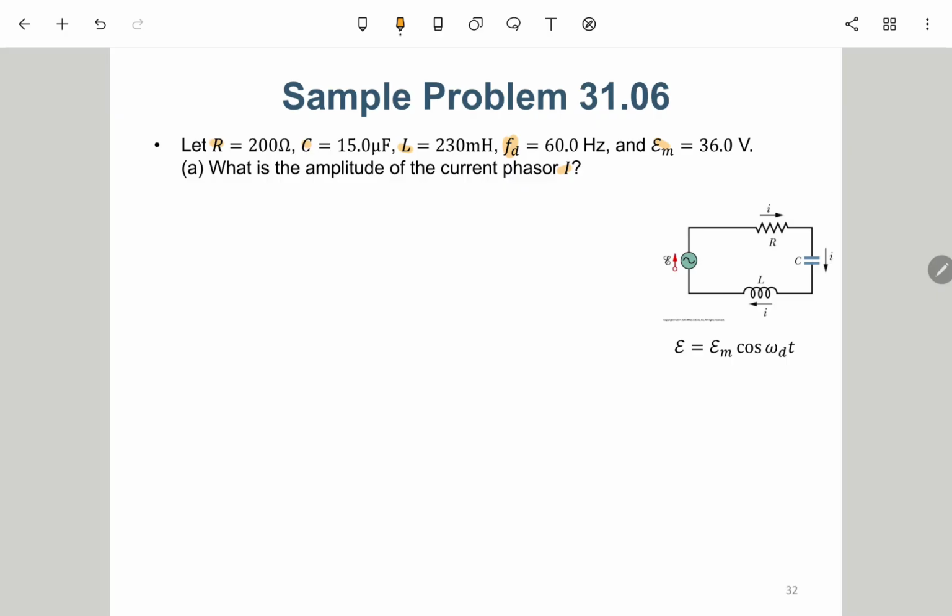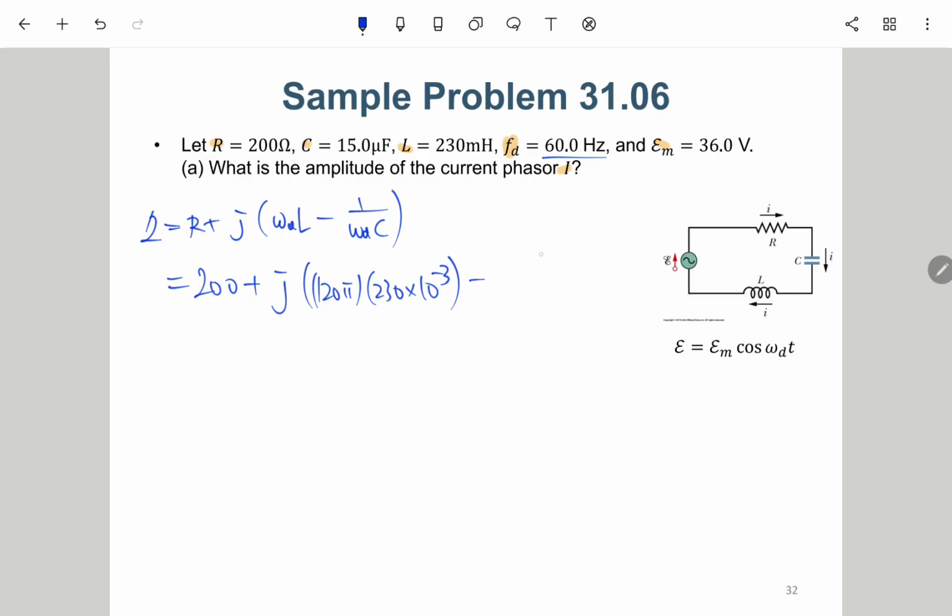So actually we can always write out Z will be R plus J omega_d L minus 1 over omega_d C. So this is nothing but 200 plus J, and then 60 hertz is 120 pi, and then L is 230 times 10 to the negative third power, minus 1 over 120 pi, and then C is 15 times 10 to the negative 6 power. Okay, so this is the impedance.